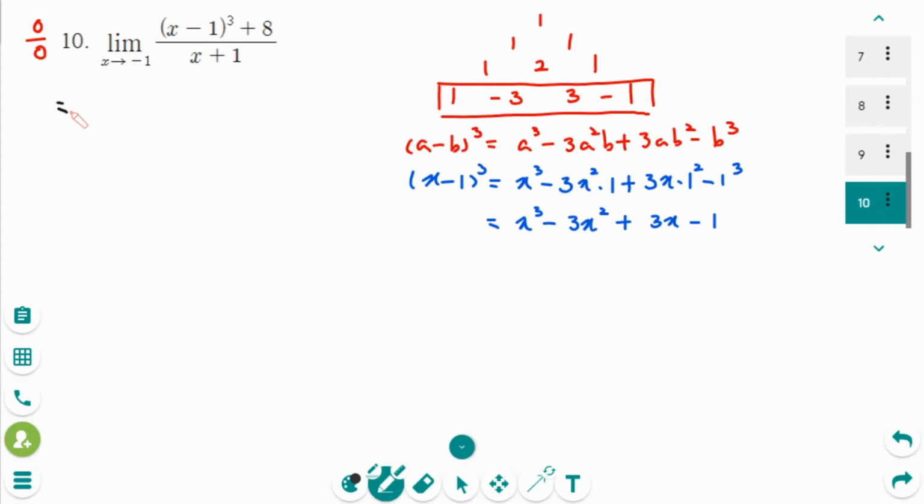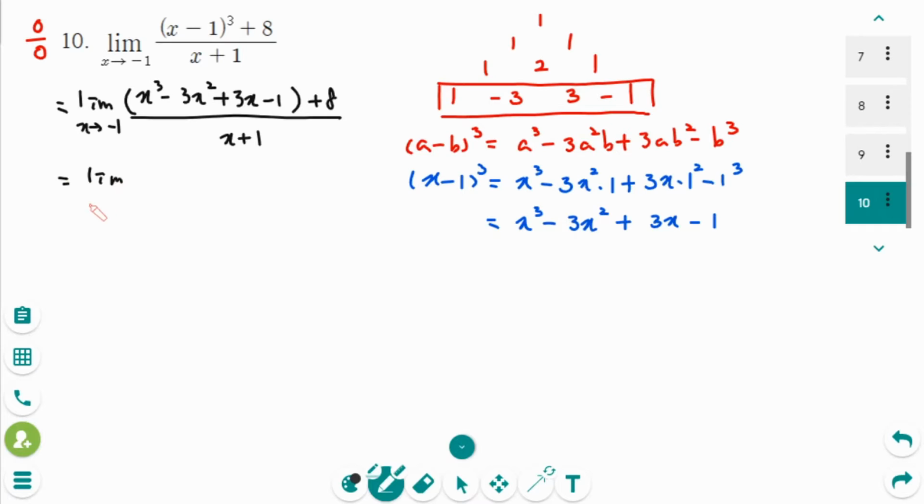So the limit becomes x cubed minus 3x squared plus 3x minus 1 plus 8 over x plus 1. Simplify, the numerator is x cubed minus 3x squared plus 3x plus 7 over x plus 1.